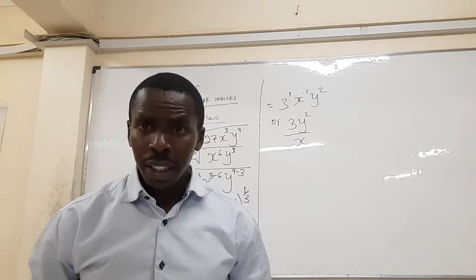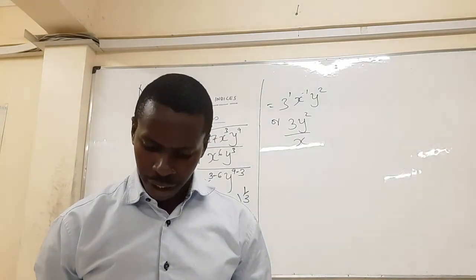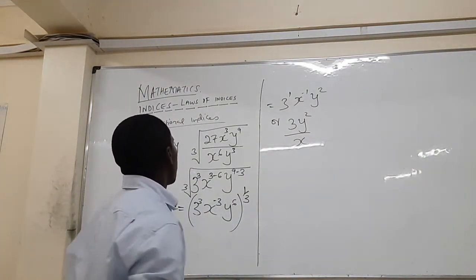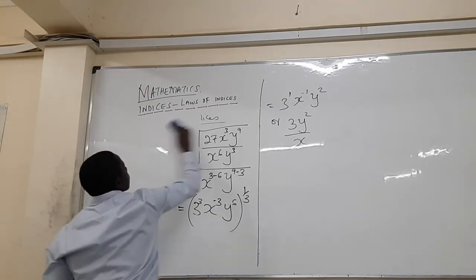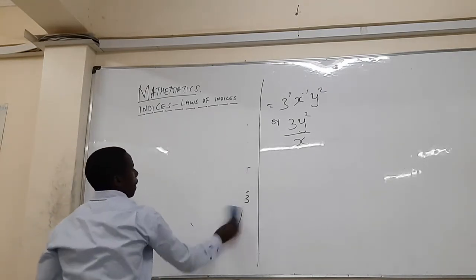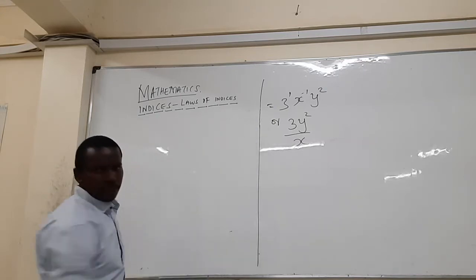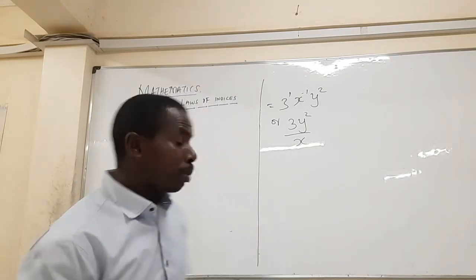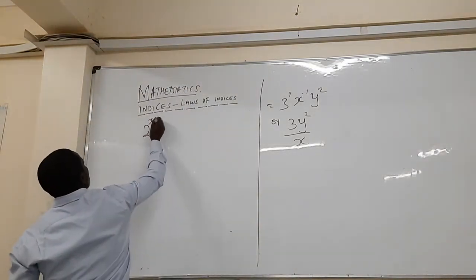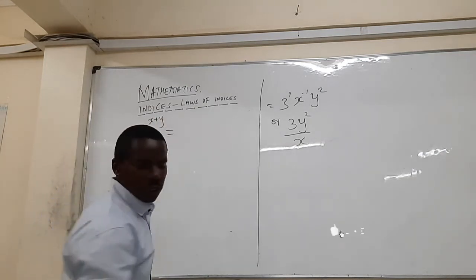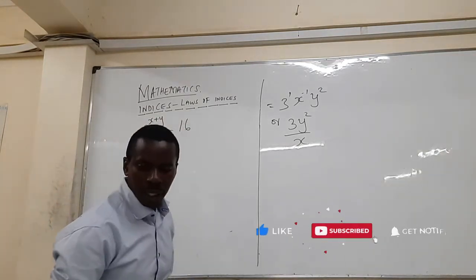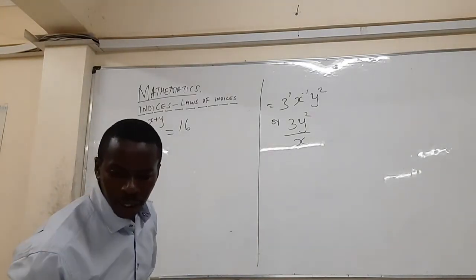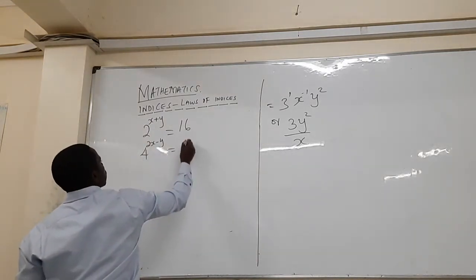Then let's exercise more on this. I have another example here. I have 2 power x plus y is equals to 16, and 4 power 2x minus y is equals to a quarter.